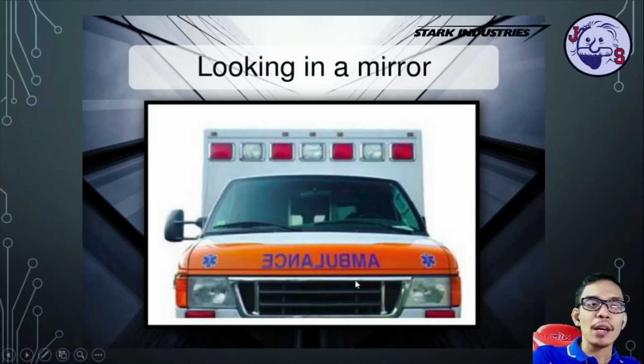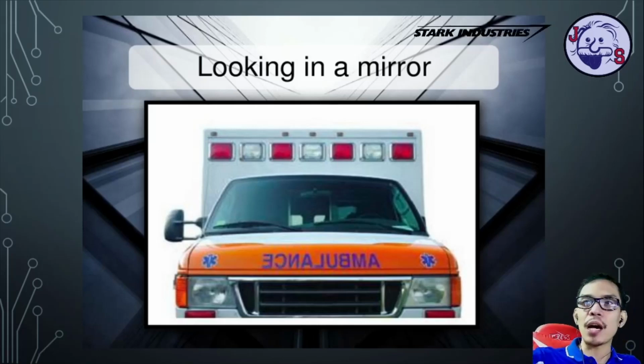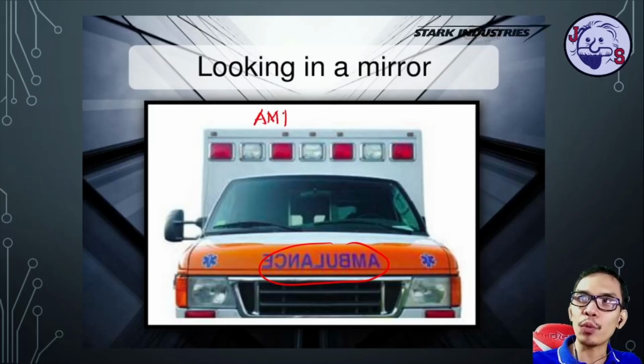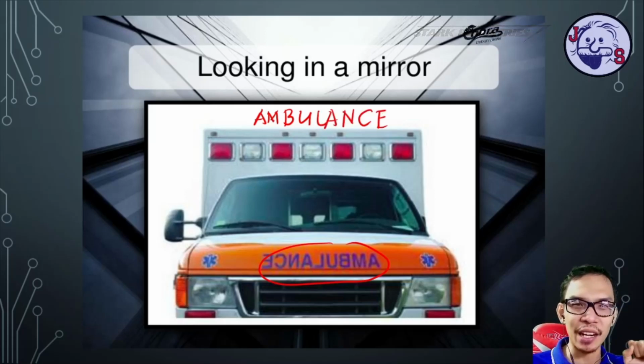So a person looking at the side mirror of a vehicle in front of this ambulance will be able to see the word ambulance in the correct orientation. So the image formed in your plane mirror is laterally reversed.